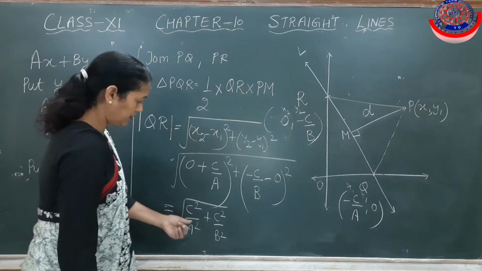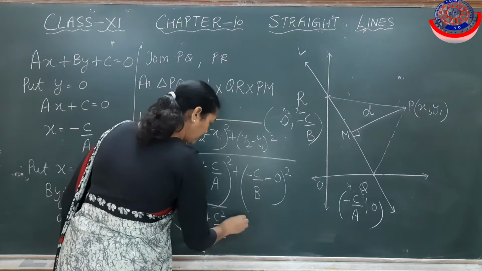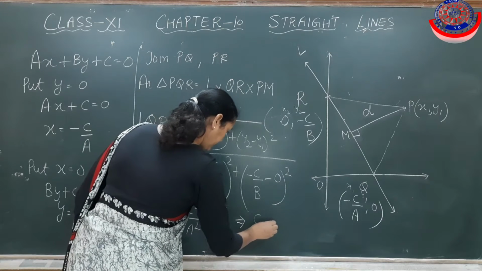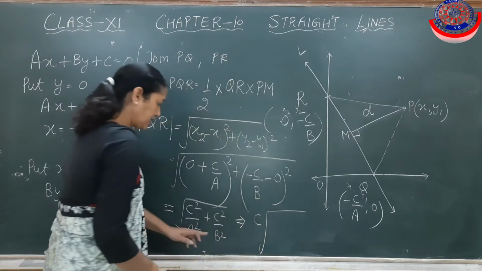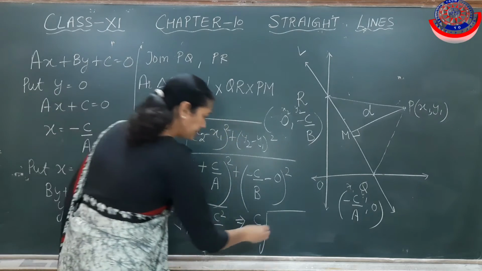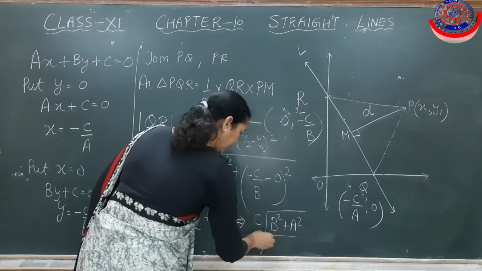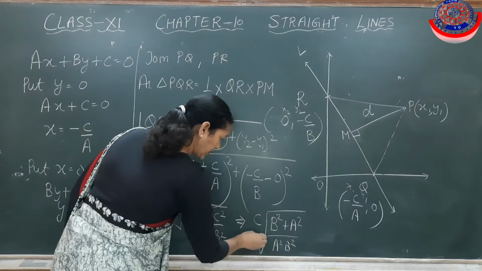So if we take c square common and take it outside, we will have c, and take LCM, b square plus a square, with a square into b square in the denominator. This also can come out.